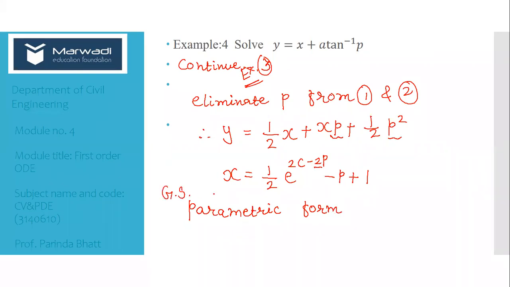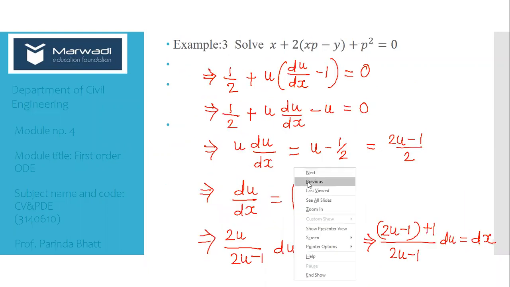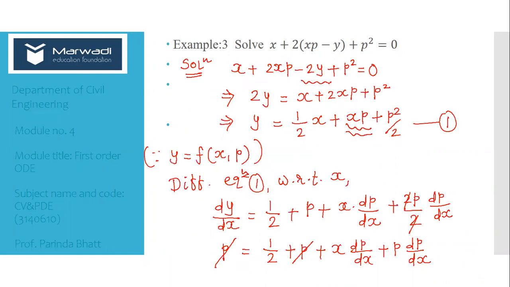General solution in parametric form. Because in this solution, p is present. Okay. This is our example number 3.